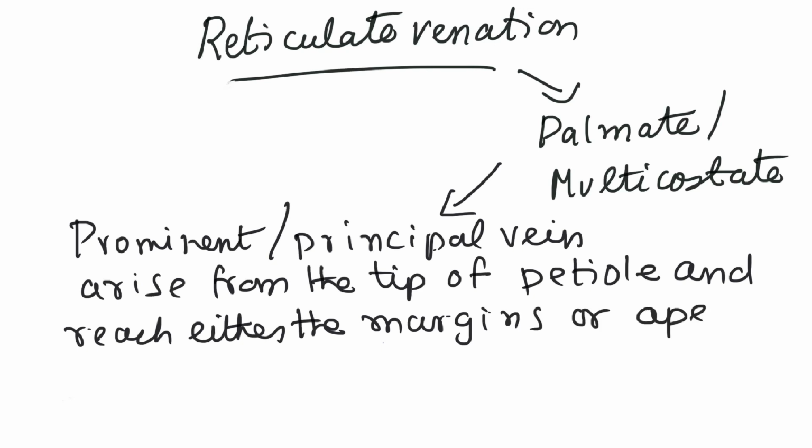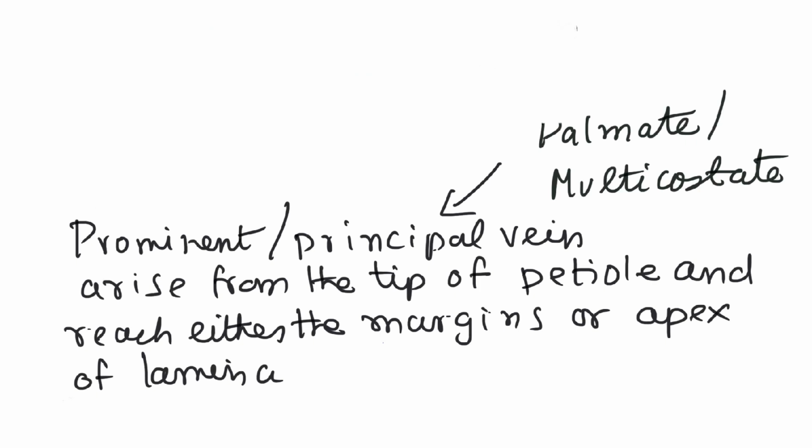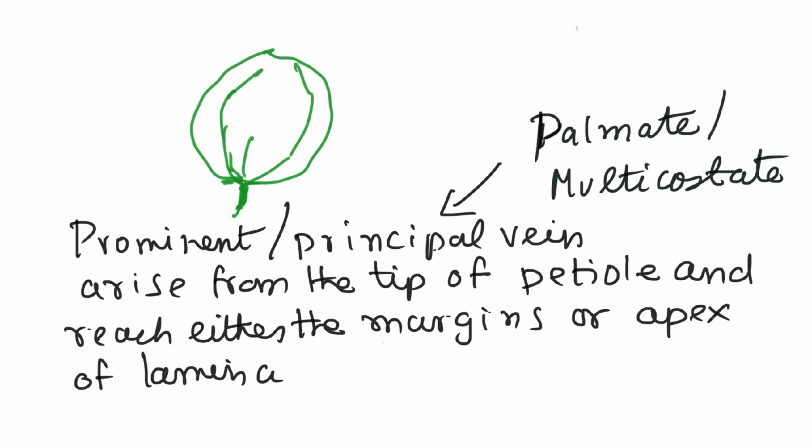So once again, in palmate or multicostate, the prominent or principal vein arises from the tip of the petiole and reaches either the margins or the apex, that's the tip of the leaf blade or the lamina. Now we have a diagram which shows a typical case of palmate or multicostate.